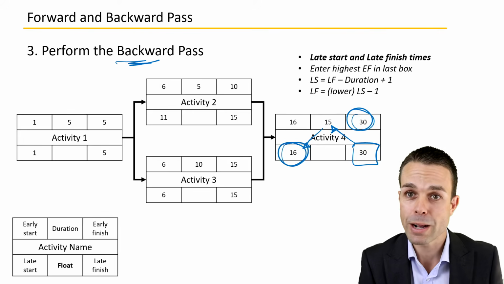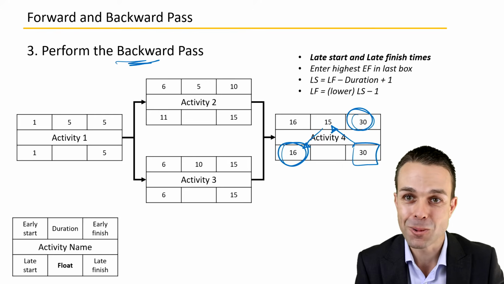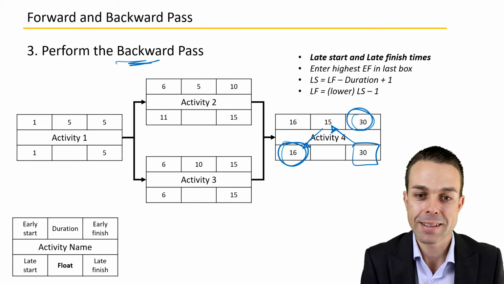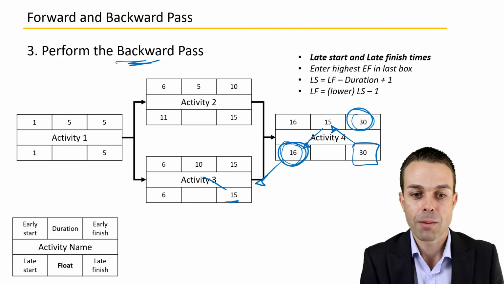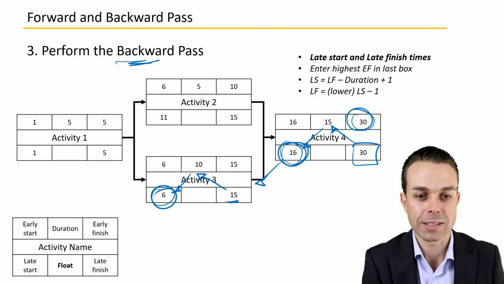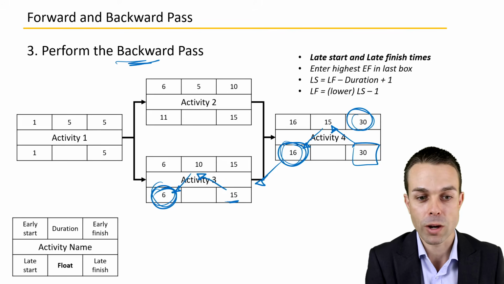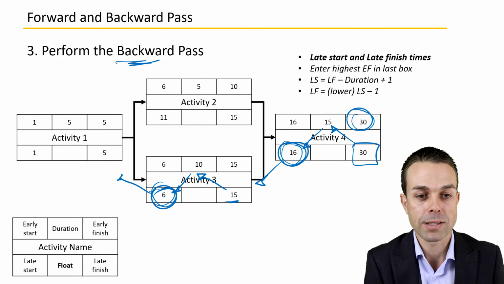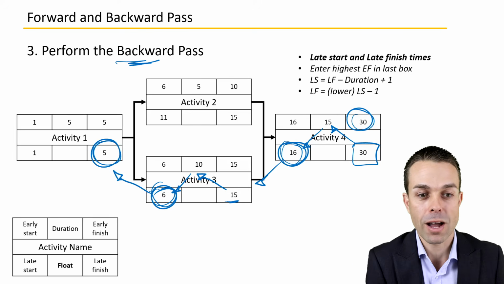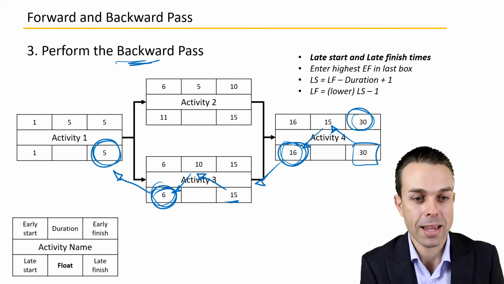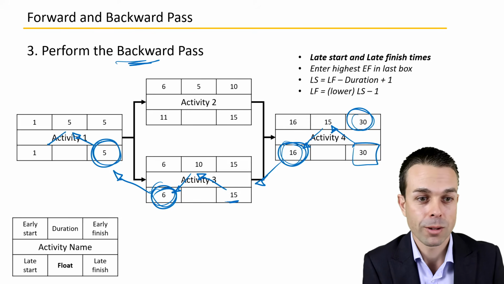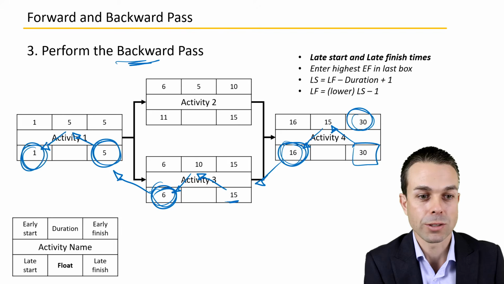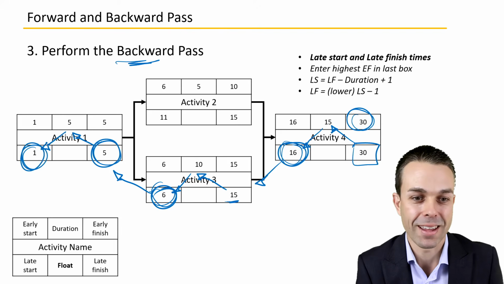And we're doing the backward pass, so we're working backwards. Now we take the late start and we minus 1 again. So we've got 15 minus our duration of 10 plus 1 equals 6. And again, the lowest one here is what we want to use, minusing 1 to give us the 5 for our late finish there, and minusing 5, which would give us 0, plus 1, which will give us 1 for our late start there as well.